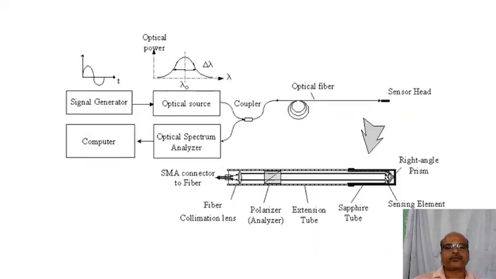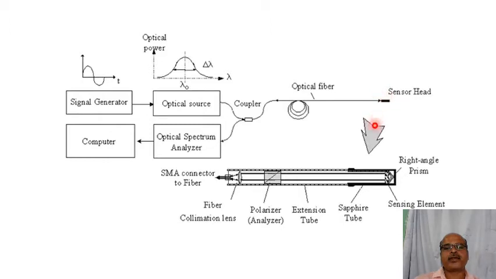So the same diagram, n number of diagrams you can draw. Signal generator, optical source. That optical source is again given to the coupler, through optical fiber cable given to the optical sensor. So this is a sensor head. Sometimes probe sensors, optical probe sensors, are developed.